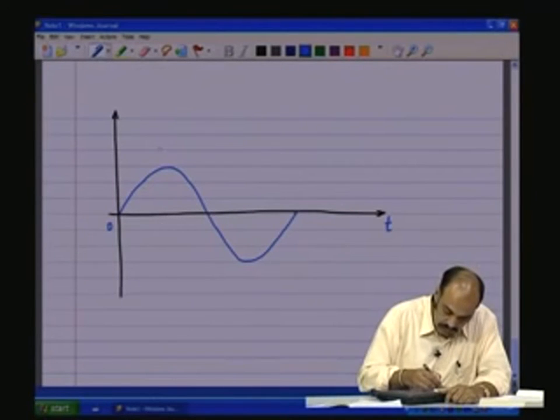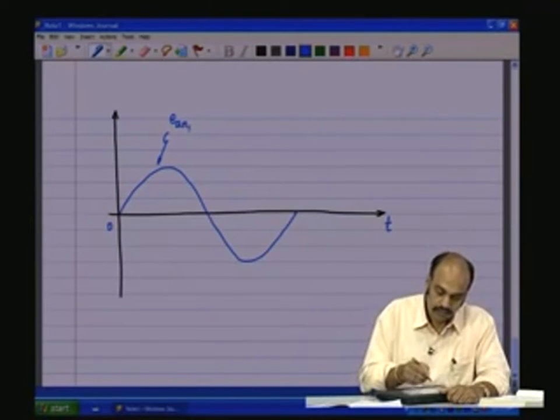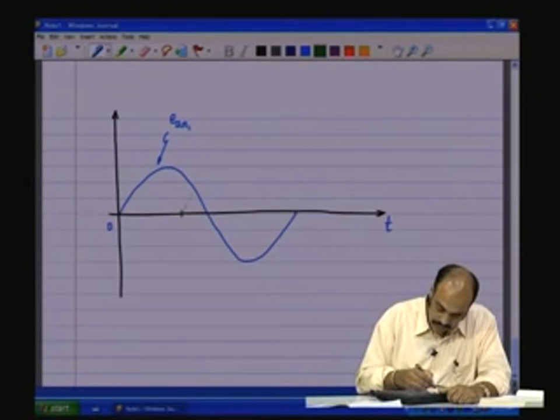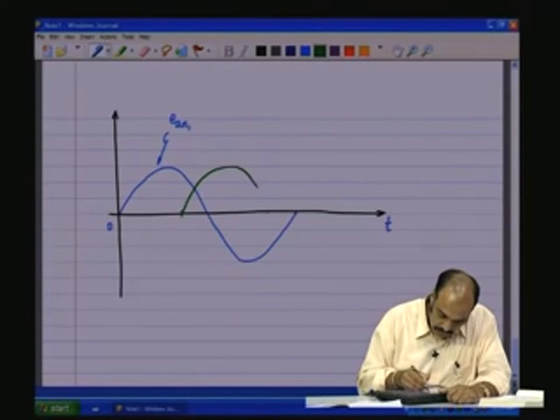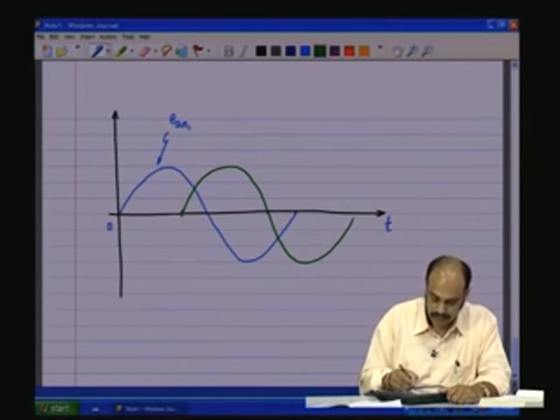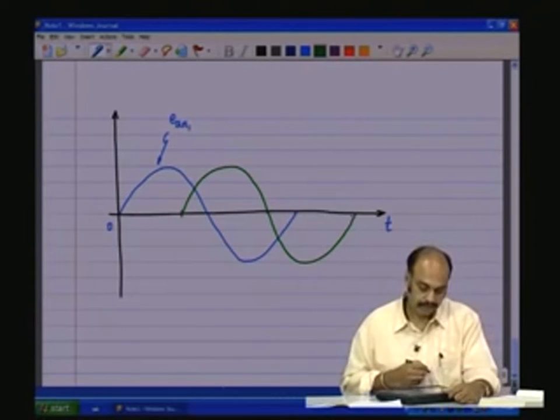So, this was E A N 1. So, this is 90. So, 120 will be somewhere around here. So, we have a waveform which goes like that, completes its cycle.